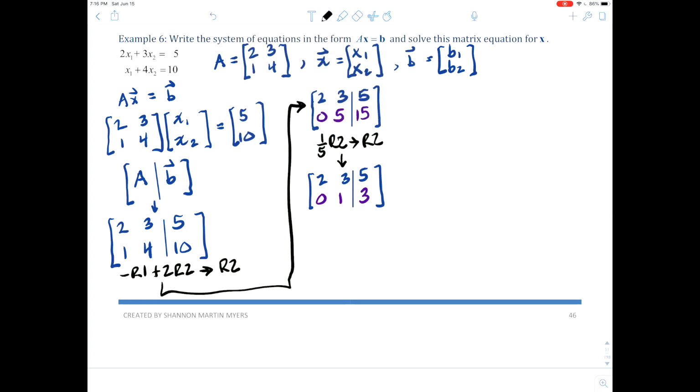And now what we want to do is zero out the 3 that is in row 1, column 2. To do so, what's going to have to happen? Beautiful. If we do negative 3 times row 2 plus row 1 for a new row 1, what will we get?